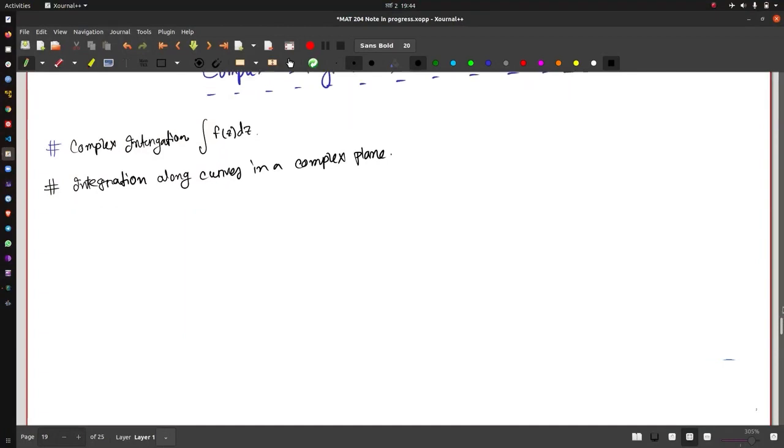Let's say we have a function like this, f of z, and this function can be parameterized in terms of a parameter t. t is a parameter.